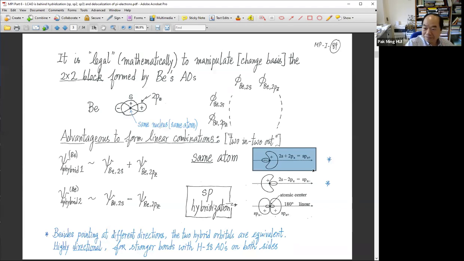Do you see the point? The other combination, minus, I will get something like that, okay? Now, do you see that this so-called hybridized sp orbital for beryllium is focusing its wave function to the right? And the other one is focusing the wave function to the left. Okay, do you see the point?